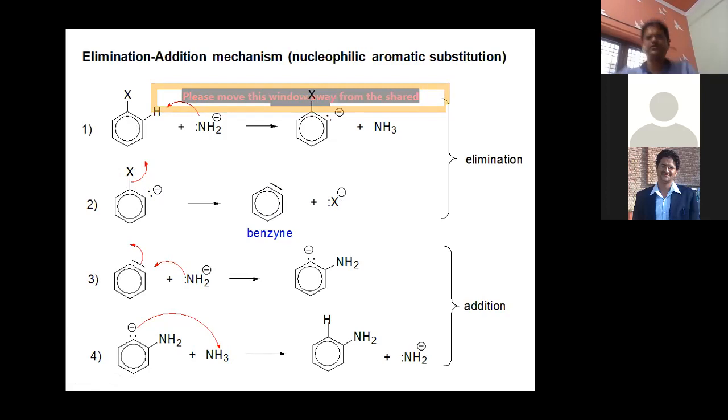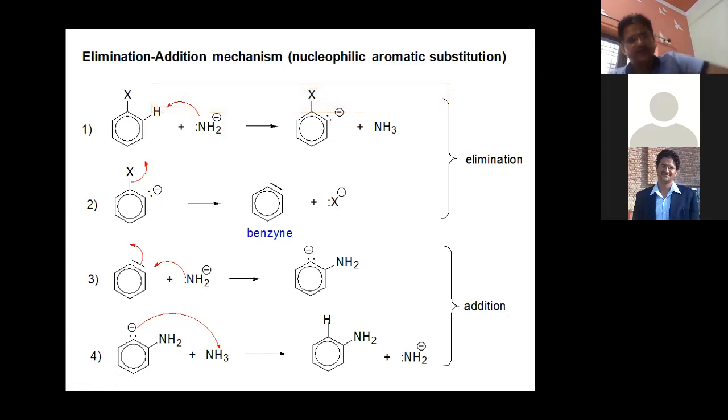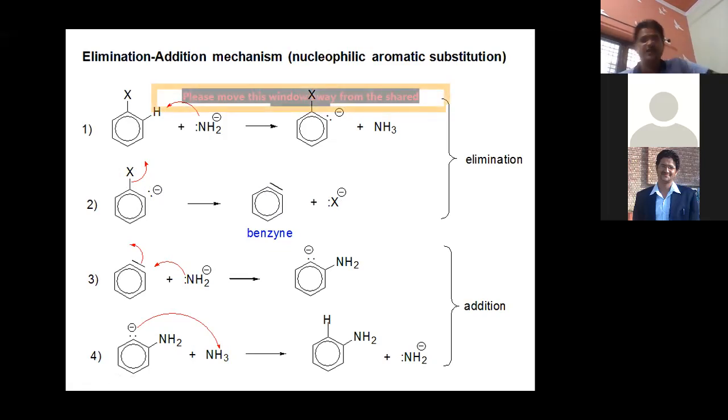And then it converts into a very important intermediate, and the name of the intermediate is benzyne.